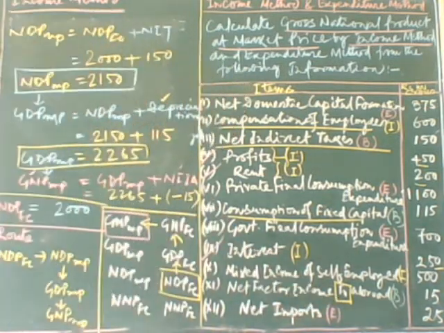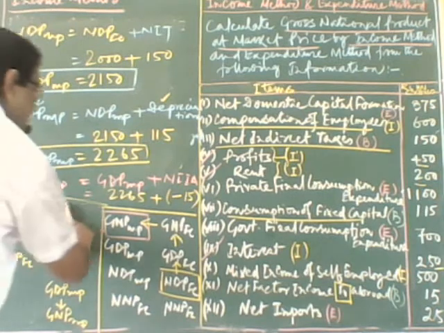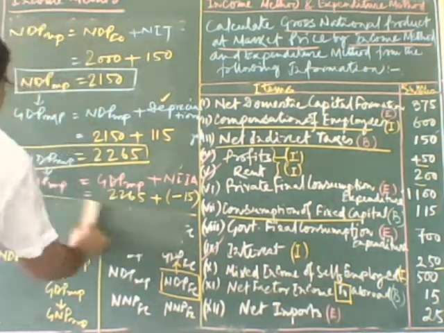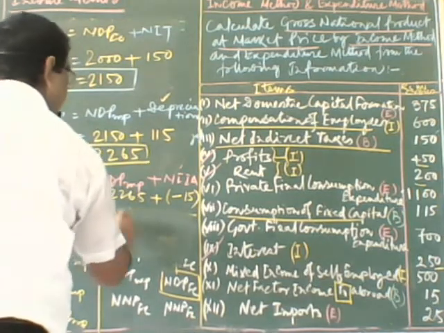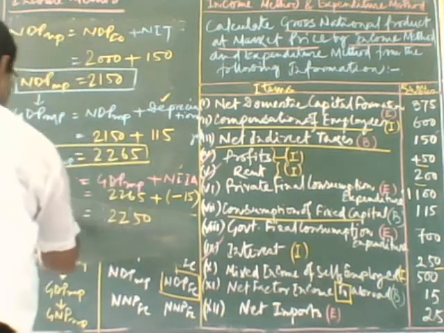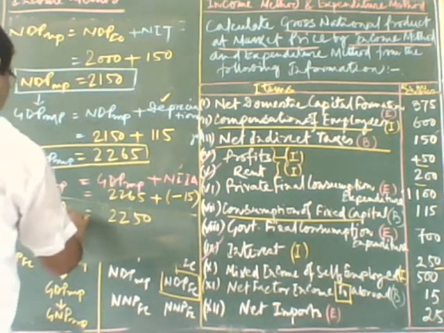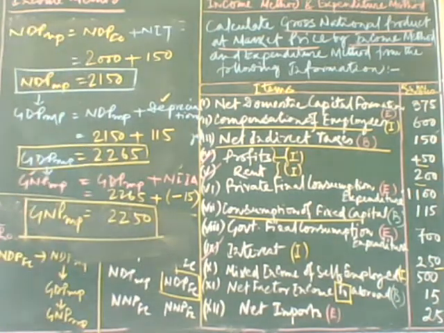So the value is minus 15. So the result is 2250. So GNP at market price is 2250.